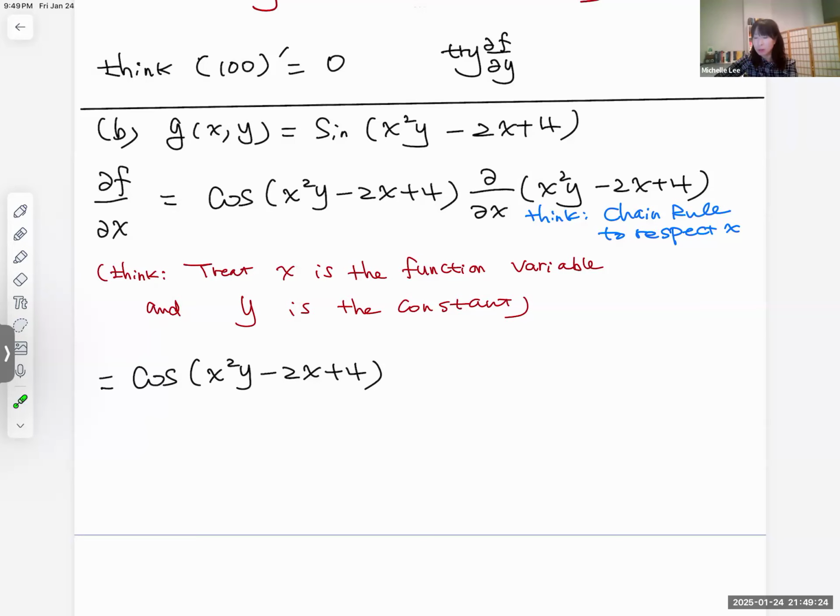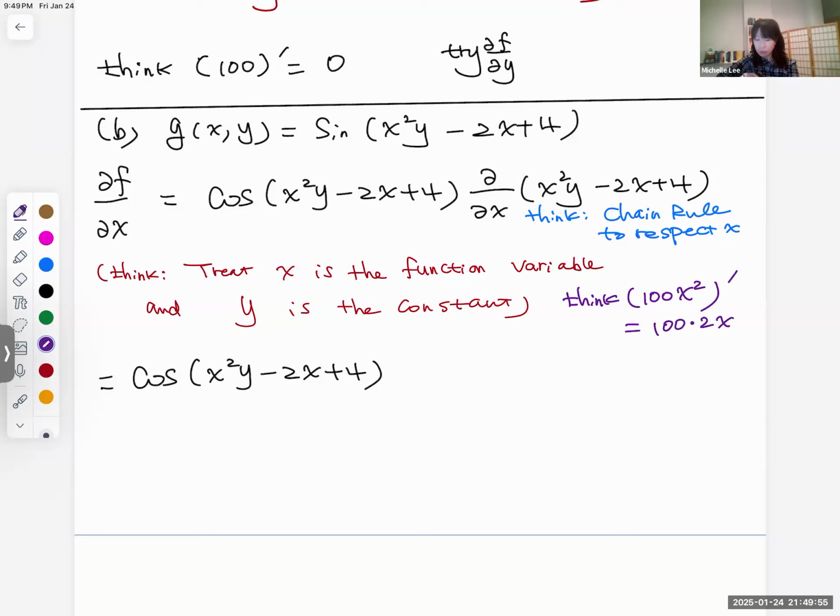Okay, so let's talk about that. We have x squared, but we have a constant, right? So think about that. Think 100 times x squared, right? Derivative. What do you get? So we keep the constant coefficient, 100 times 2x.